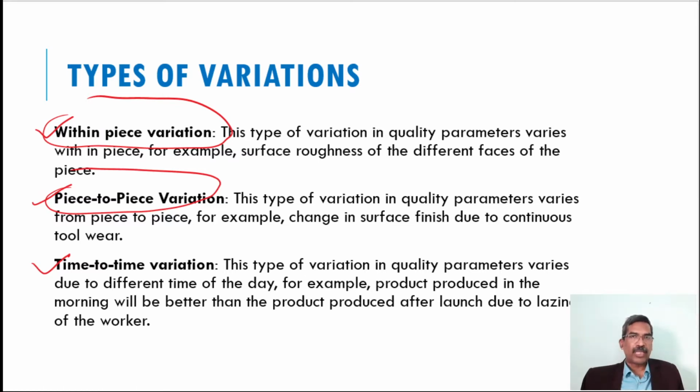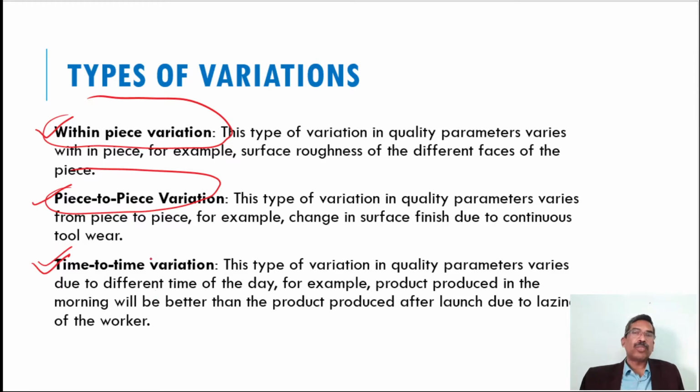So the quality of the first 10, 50 or 100 products will be different from the later products produced on the same machine using the same tool. Now the time to time variations are variations in the quality parameter which vary from one time to another. That means different times of the day or different days, on the same machine and by the same persons or workers.